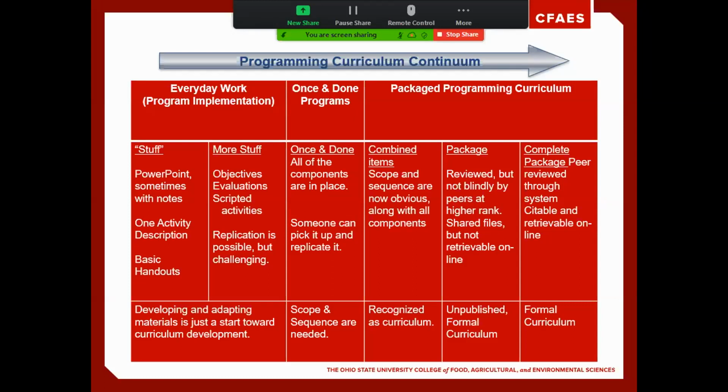But if I would take that information and look at it from the standpoint of packaging it from the stuff that I am doing right now, what do I need to look at to get it into that package? So that's where we're going to focus here for a few minutes.